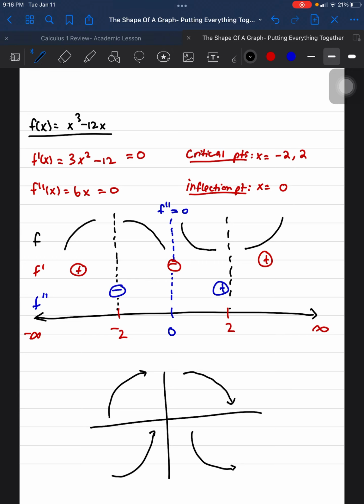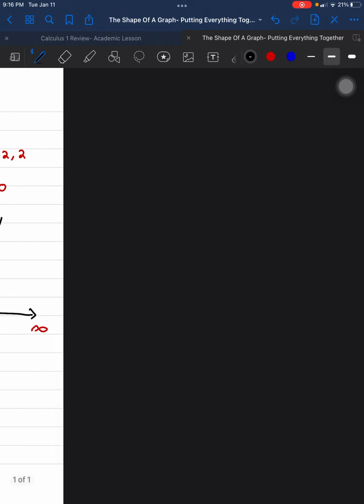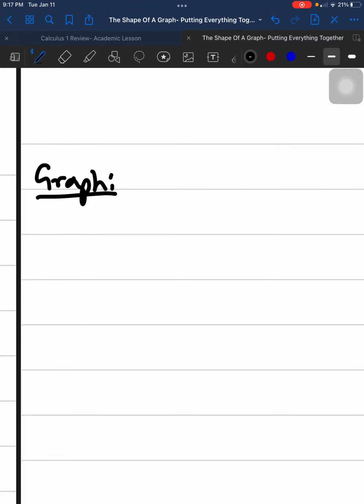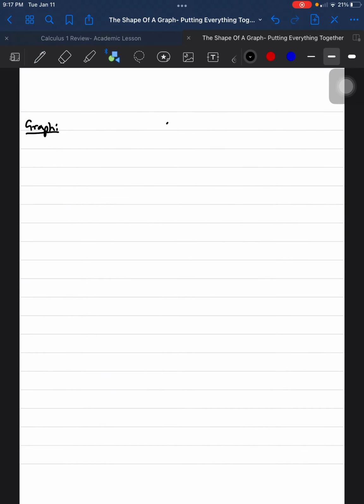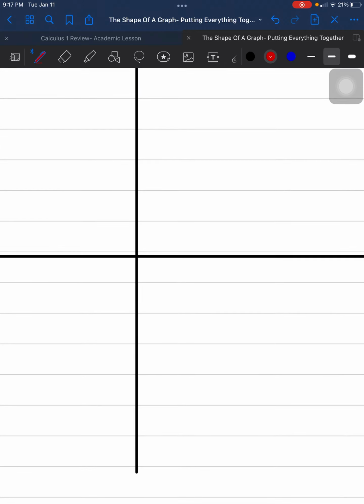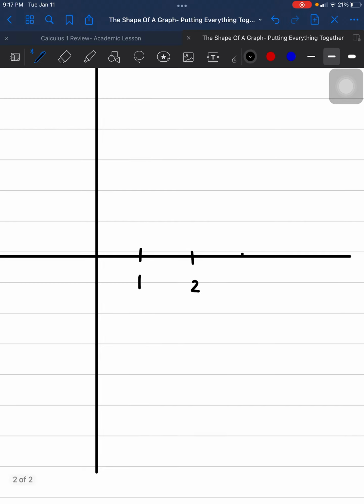But for now, we are able to make a general graph of x cubed minus 12x. So let's graph. Let's just write down the points.